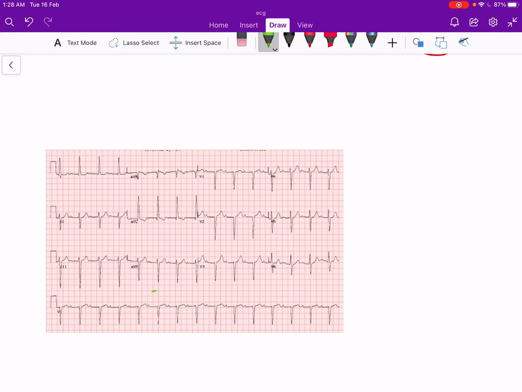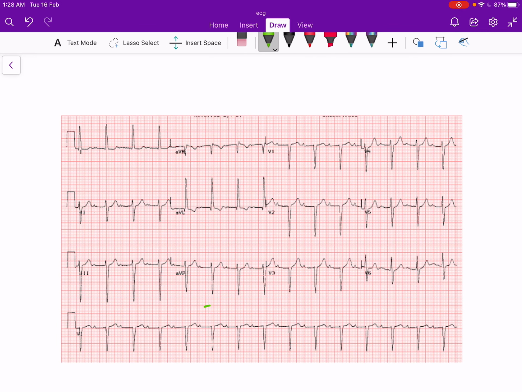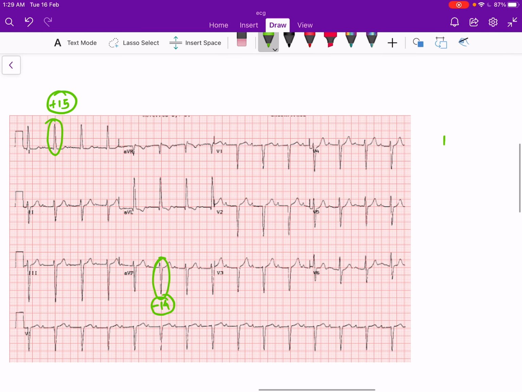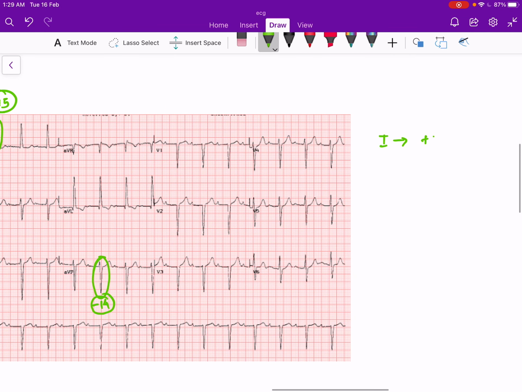If you see this ECG, lead 1 has a QRS of plus 15, and lead AVF has a QRS of minus 14 approximately.